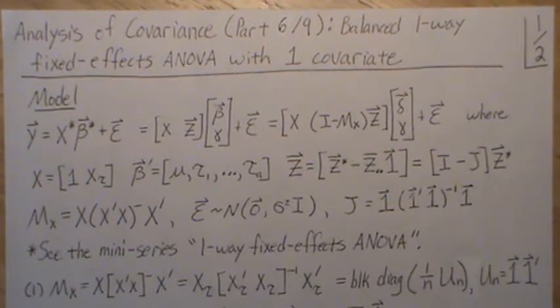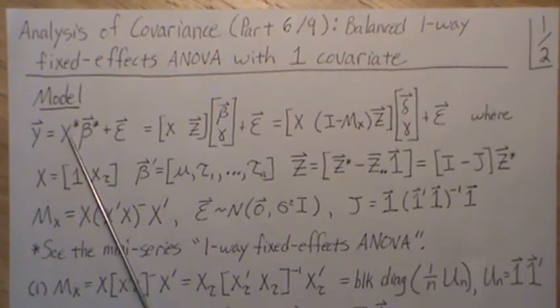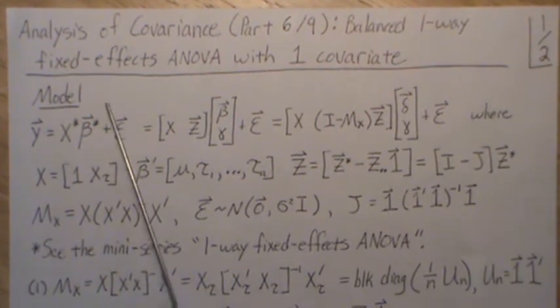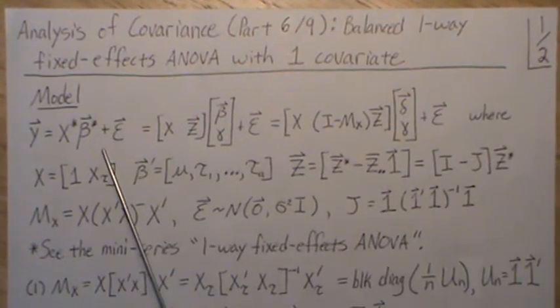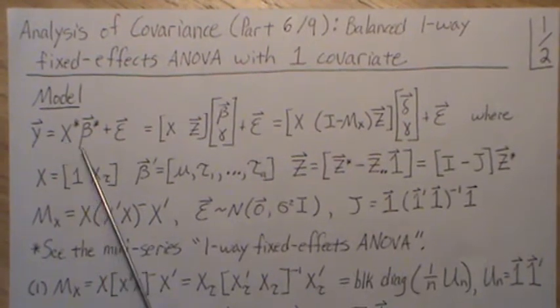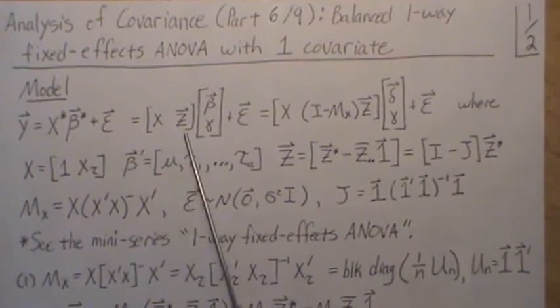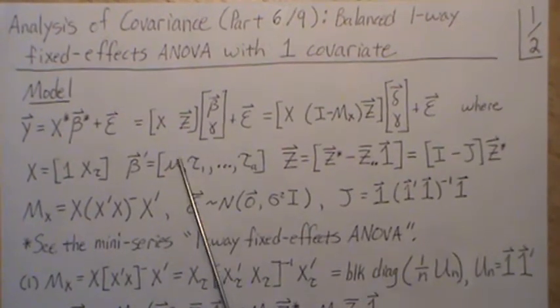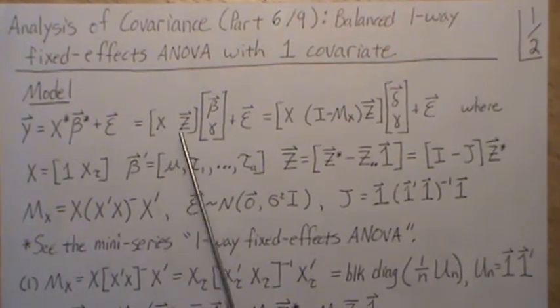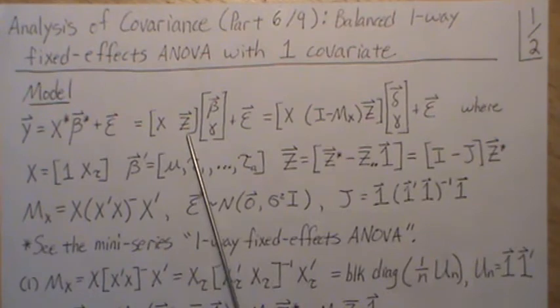And we're going to just generally develop this model. And as a reminder, the model is y equals x star beta star plus epsilon. So it is a general linear model, but we partition the design matrix and the parameter vector into two pieces that correspond with the ANOVA part and the regression part of the covariates.